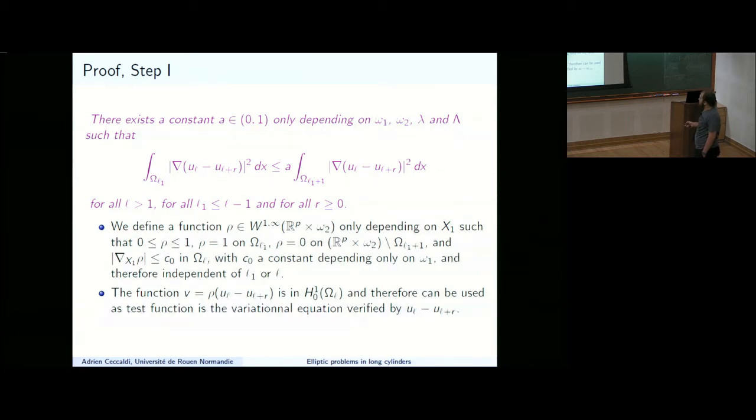Then we can multiply this function by UL minus UL plus R, so that we have an H10 function. Since it is in H10, we can use it as a test function in the differential equation for UL.